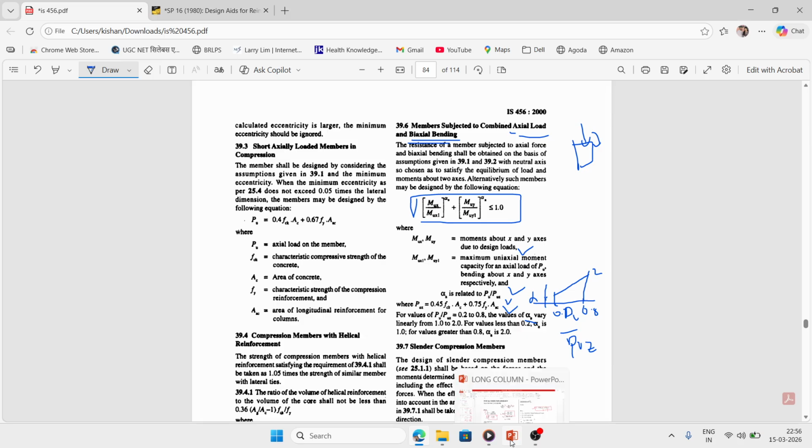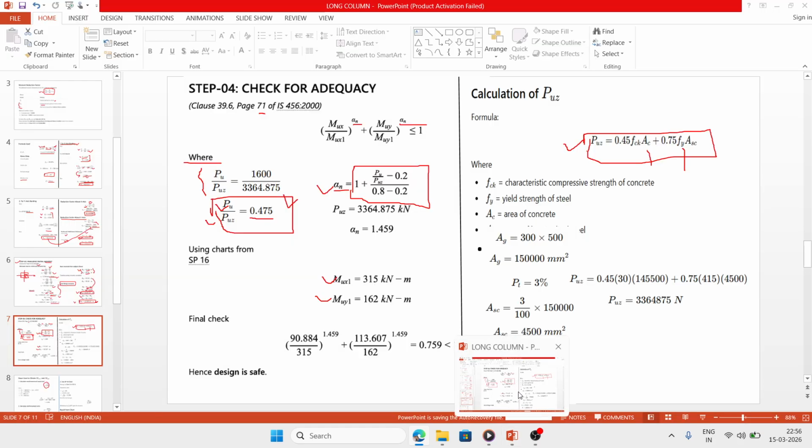Here PU by PUZ is 0.475. So we use the interpolation method, and we just got the value of alpha AN, that is 1.49. And how will you find the MUX1 and MUY1? You have to find them out.